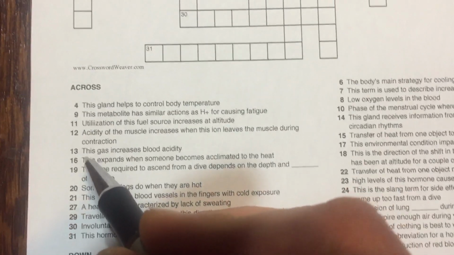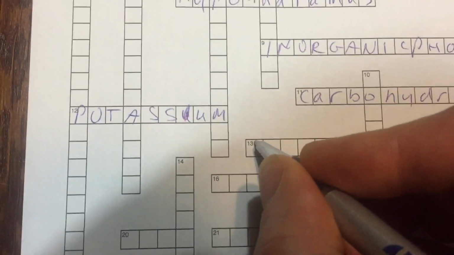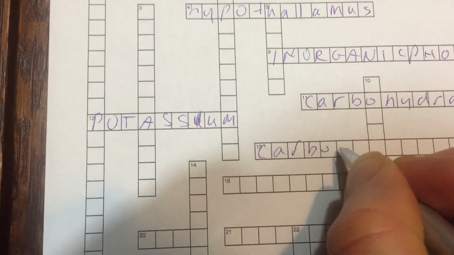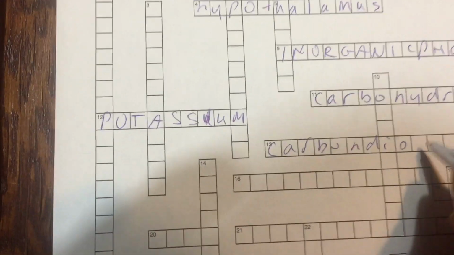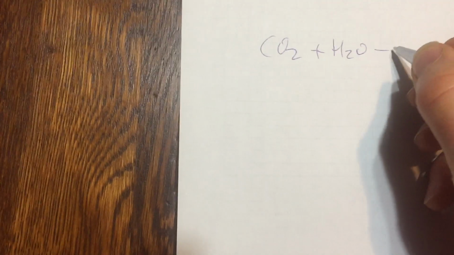The next one, this gas increases blood acidity. The correct answer here is carbon dioxide. Recall, I'm just going to write it down here on the flip side. Carbon dioxide, the main way that it's carried in the blood is by combining with water.